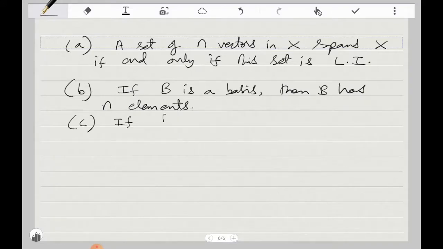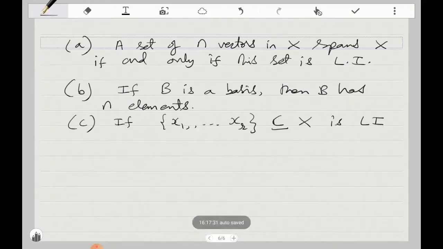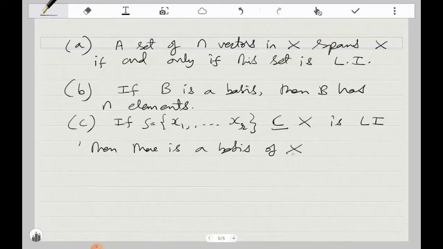If x1, ..., xr, a subset of X, is linearly independent, then, let's call the set S, there is a basis of X containing S.